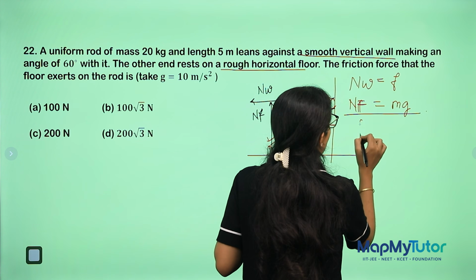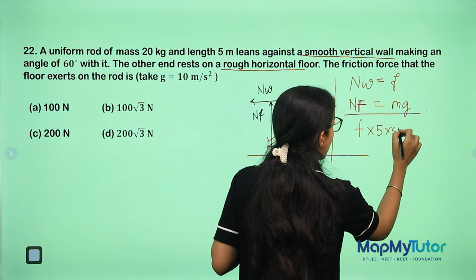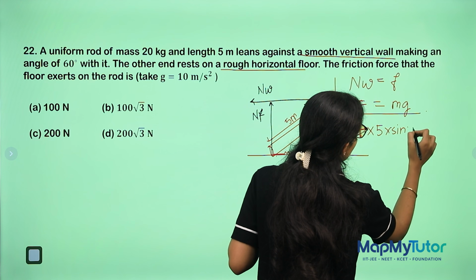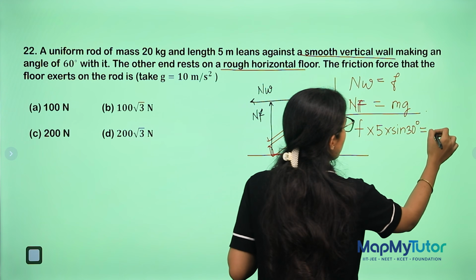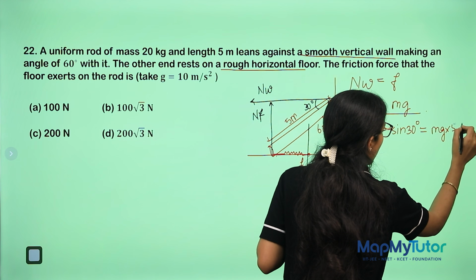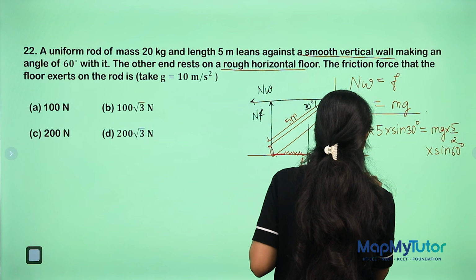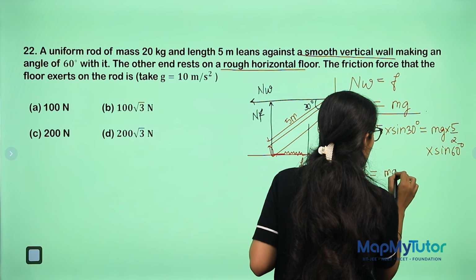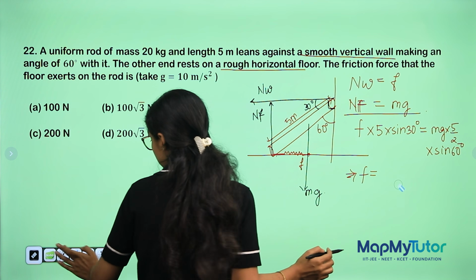That is nothing but NW into 5 into sine 30 degrees equal to mg into 5 by 2 into sine 60. Now it is very simple, you just need to solve it. F equal to mg, substitute your values quickly.